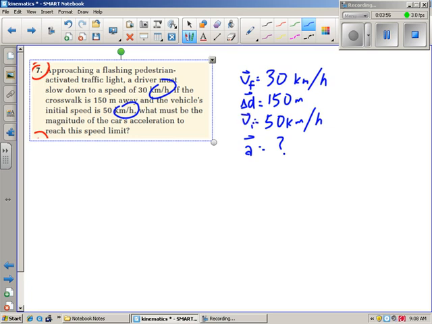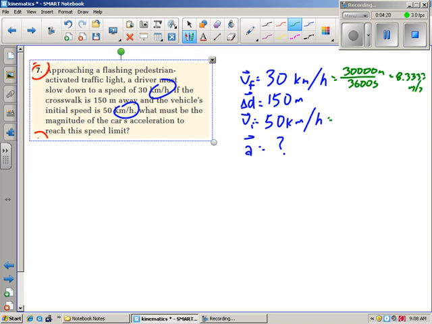All right, now before we do any more, let's do the conversion here. 30 kilometers per hour to meters per second. We've got to multiply by 1,000, divide by 3,600. 30,000 meters divided by 3,600 seconds gives me what? 8.3 repeating, so we'll say 8.3333 meters per second.